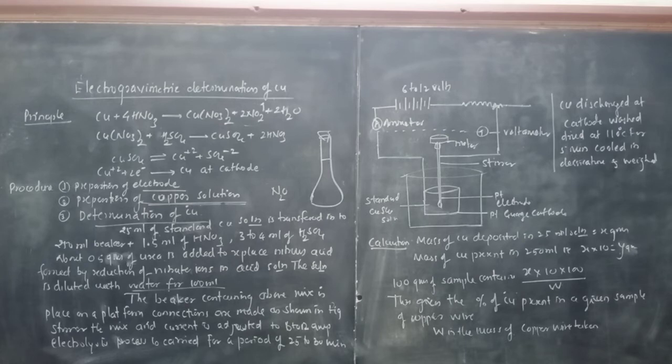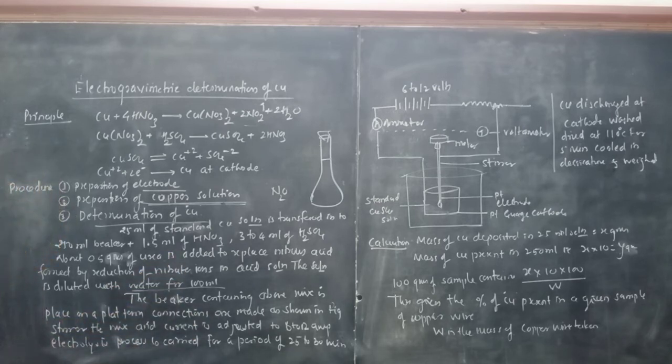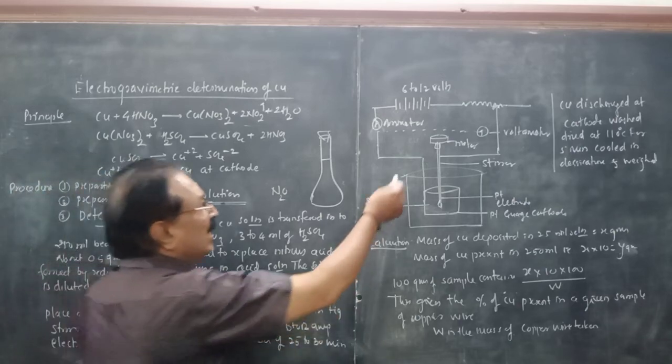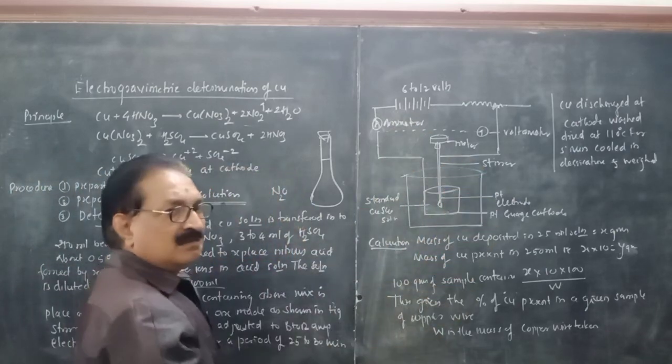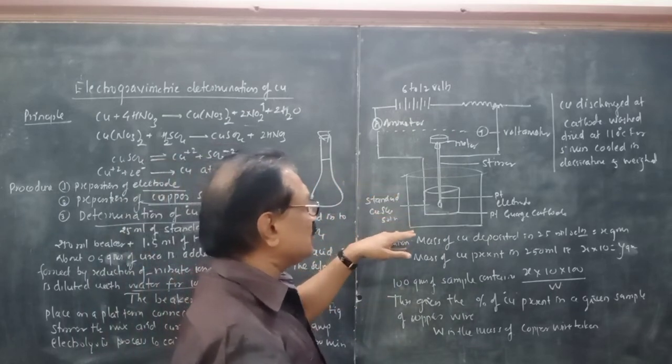Clear? Then the beaker containing the above mixture is placed, and connections are made as shown in the figure. Then the stirrer is placed which is connected to the motor. With the help of the motor, the stirrer is rotated in the bulk. Then current is adjusted to 6 to 12 amperes here. The circuit diagram for the electrogravimetric process is already shown here.